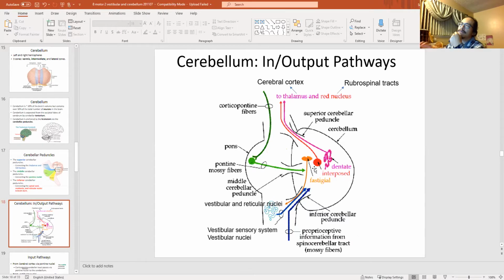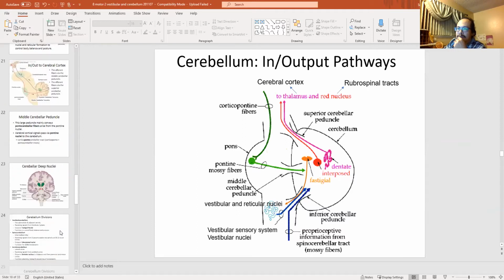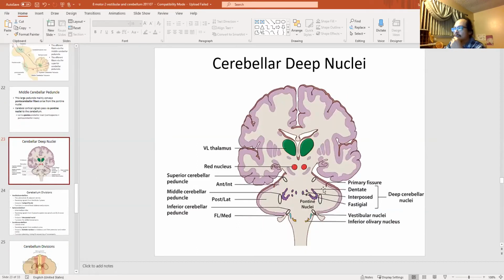If we opened up the cerebellum, I think we have a picture right here, you can see that deep in the cerebellum tissue, we have these deep nuclei. These deep nuclei include the dentate, interposed, right here, and the fastigial.